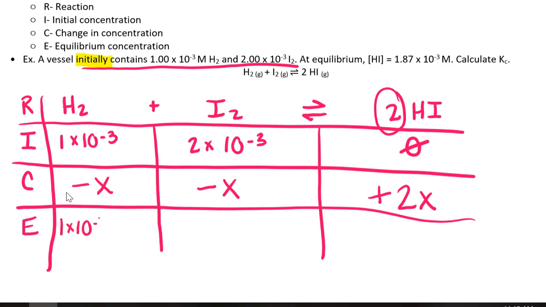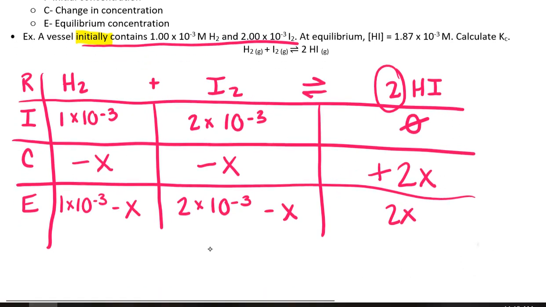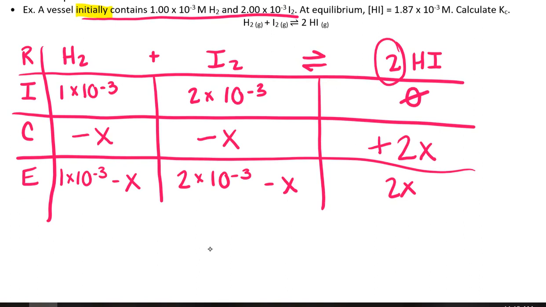So if I take the initial concentration and add the change in concentration, that will tell me my concentration at equilibrium. All I'm doing for this equilibrium row is combining I and C. 0 plus 2x gets me to 2x. Alright, so now my rice table is complete.